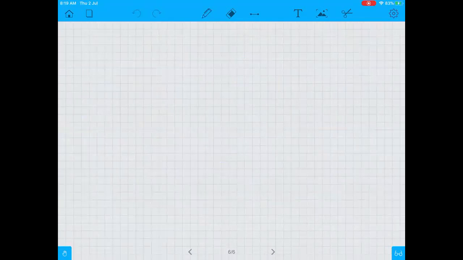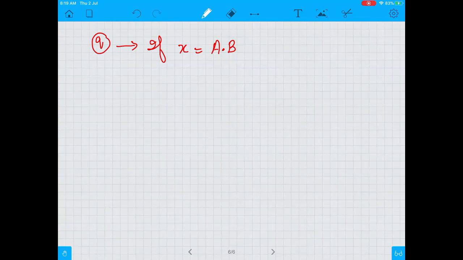So basically, if I ask you, if x is equal to a into b, a and b are the two values which are multiplied to find x. Now, how will you calculate their uncertainty? To find the uncertainty in x, first of all, we have to calculate the maximum value of x, then the minimum value of x, and then we will calculate the uncertainty.